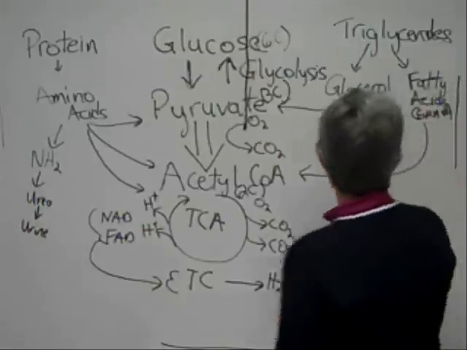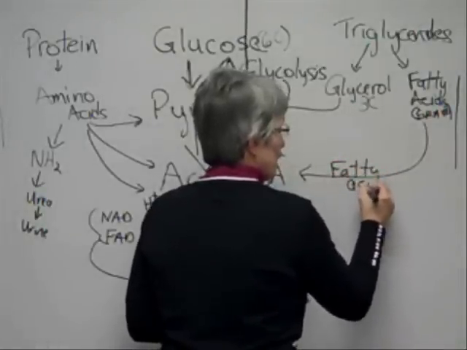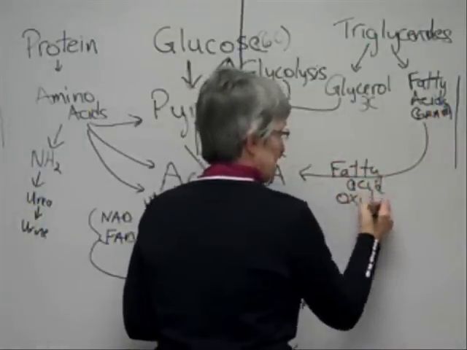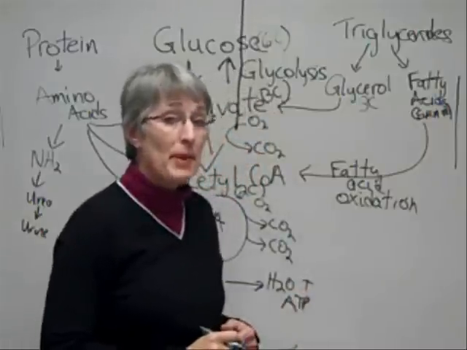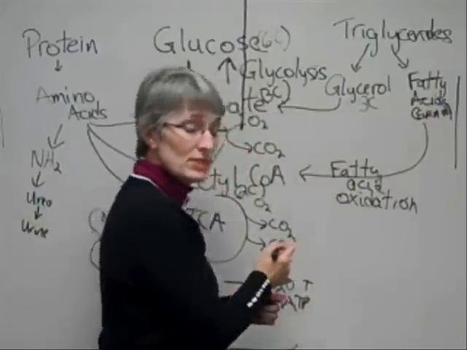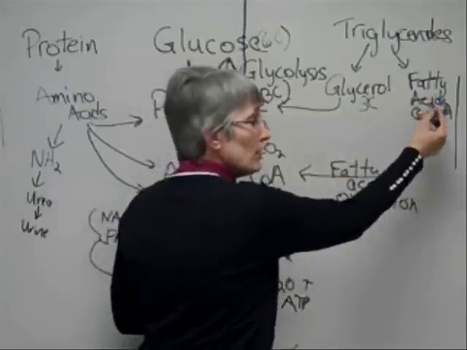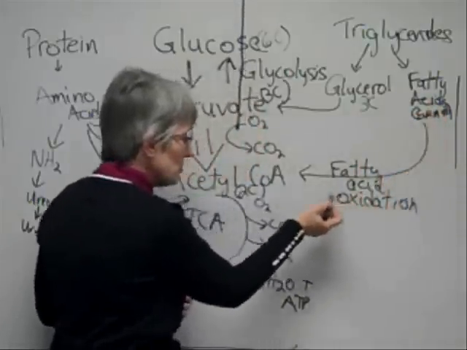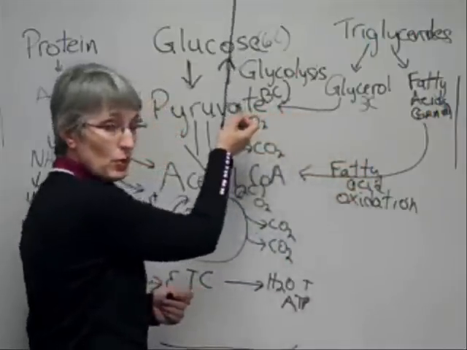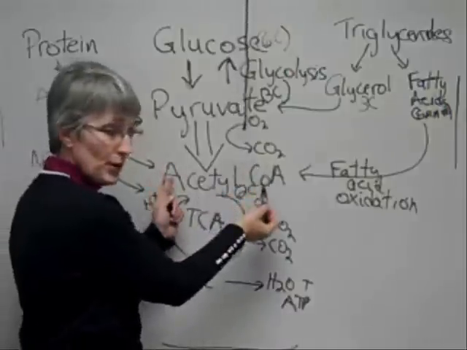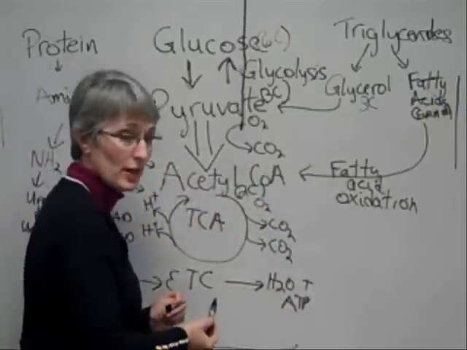Fatty acids, we're going to do a fatty acid oxidation, which is sometimes called a beta oxidation, because beta, second letter of the Greek alphabet, meaning 2, it will take off 2 carbons at a time and convert it to acetyl-CoA. So it goes directly to acetyl-CoA. It does not go to pyruvate before it comes down here. Once we're here, same thing. TCA cycle, bring it through the electron transport chain.